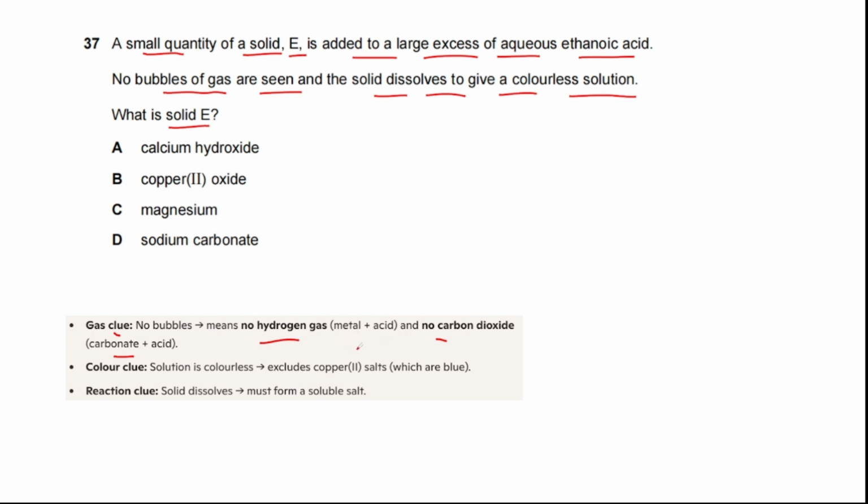If it is reacting with an acid, it will give you hydrogen, and here it doesn't. And when it has a carbonate, it will give you carbon dioxide, and it doesn't have a carbonate. So option D is wrong, and it's not an acid as well.